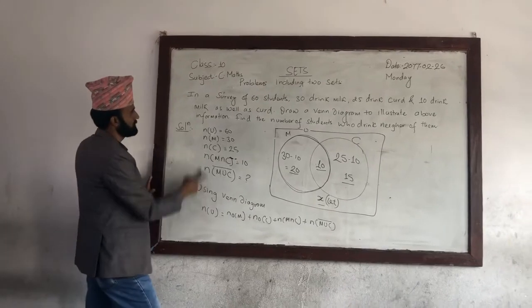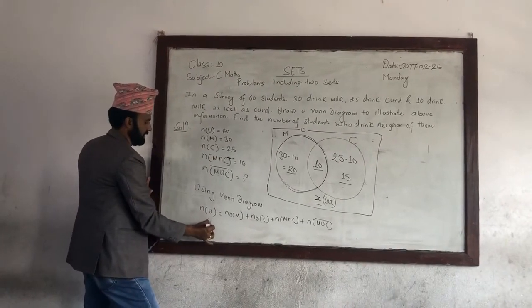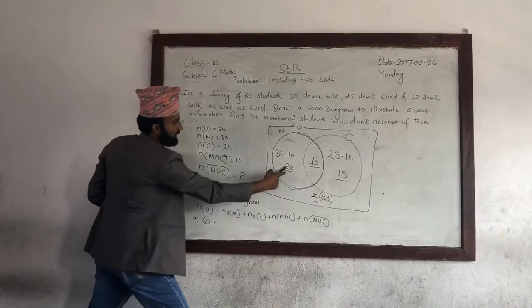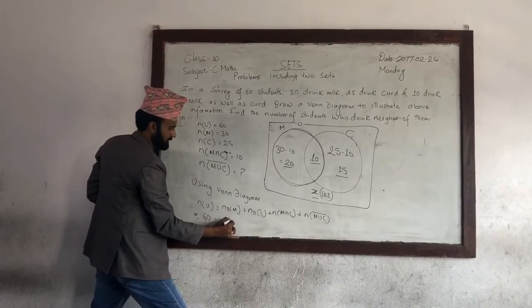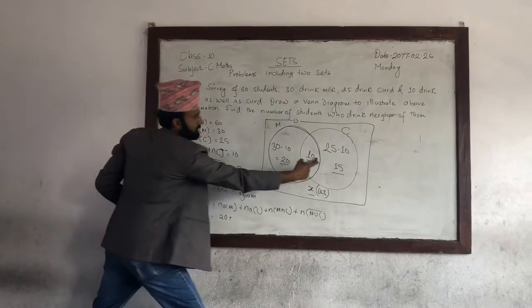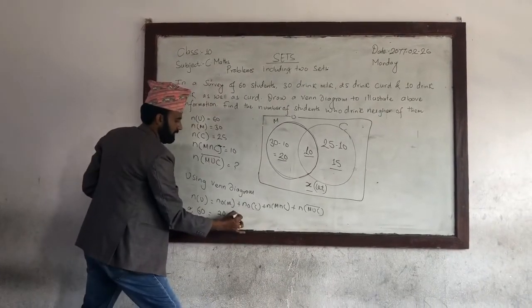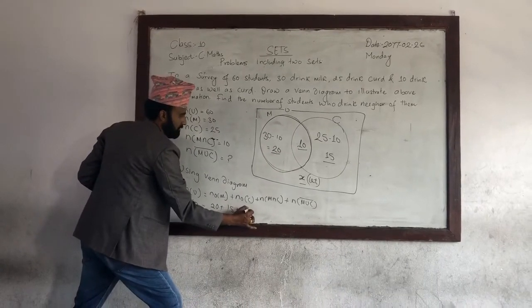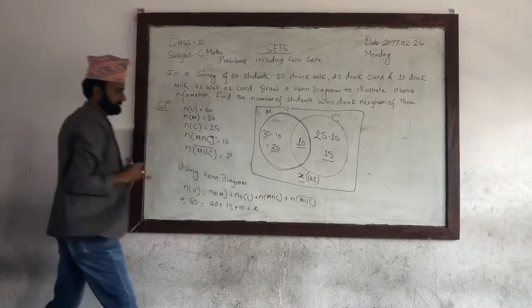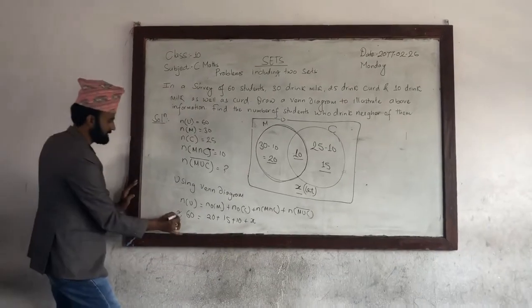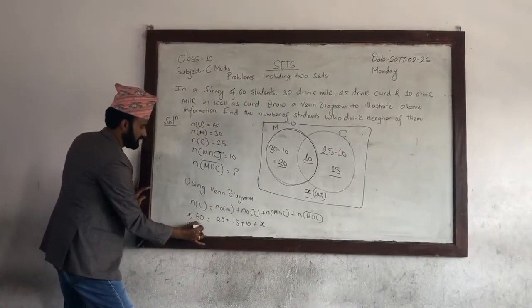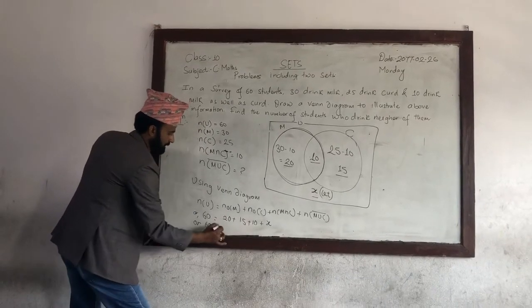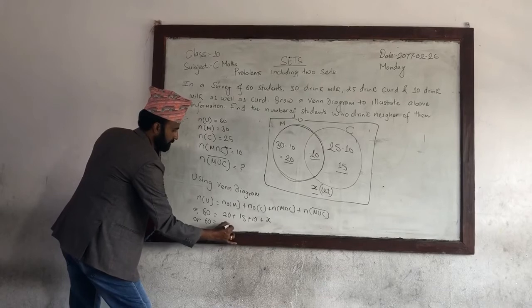n of U is equals to 60, or equals to only 20 plus 15 plus 10 plus x. Now solve it. 60 is equals to 45 plus x.